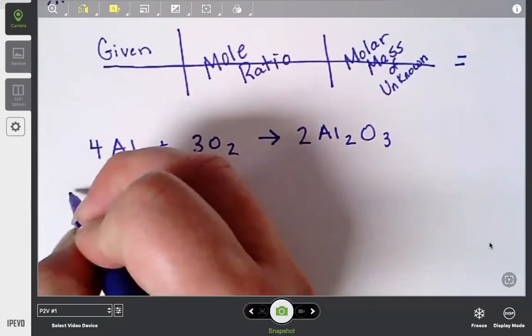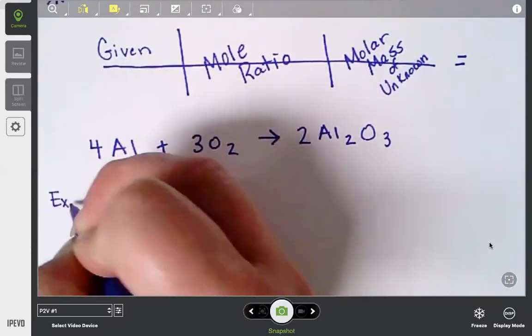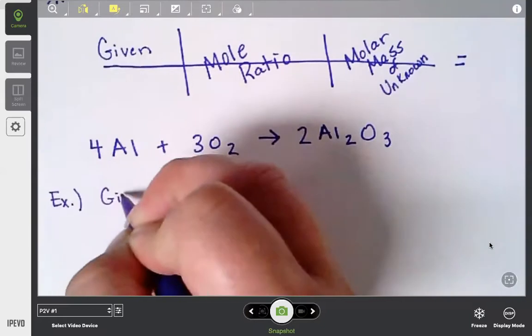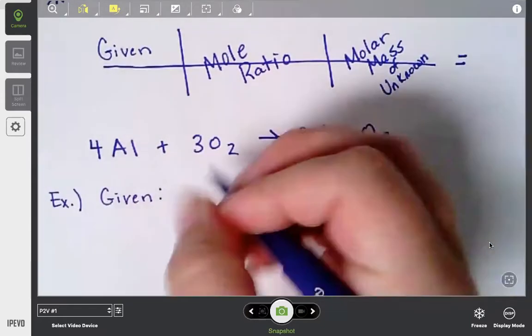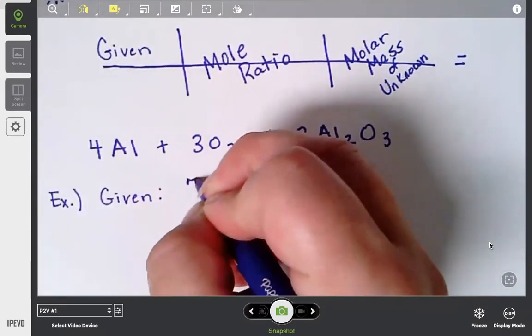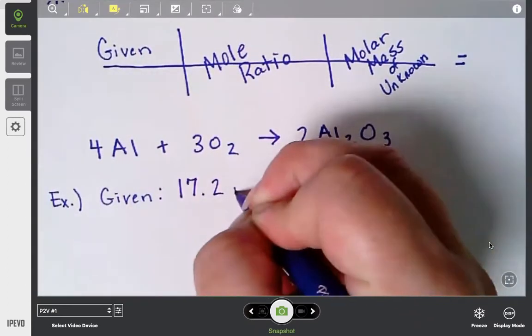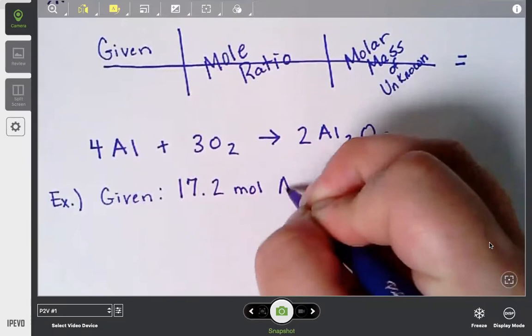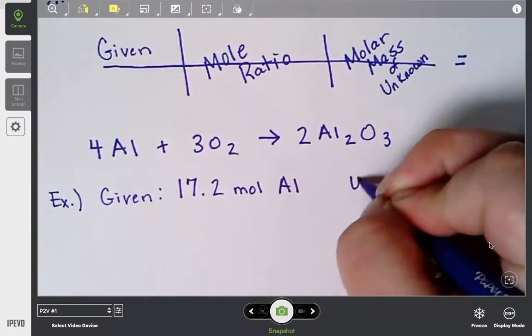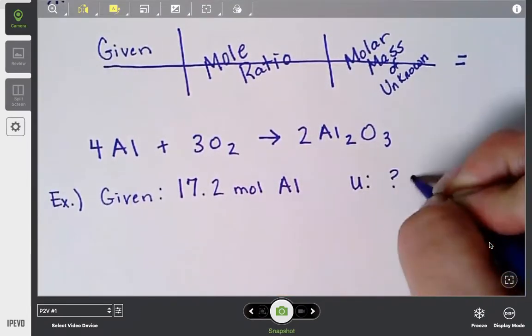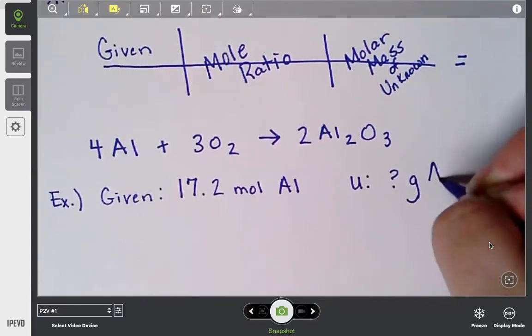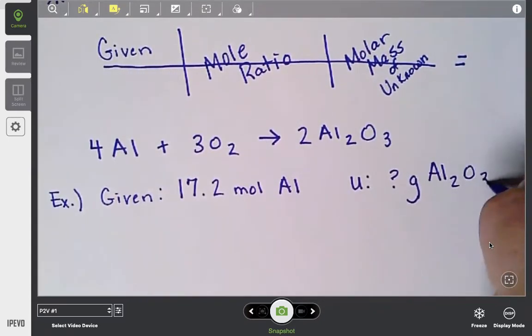Let's say that we have been given 17.2 moles of aluminum, and I need you to tell me how many grams of aluminum oxide you make.